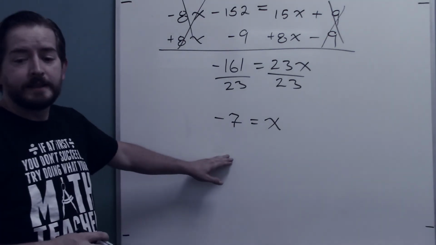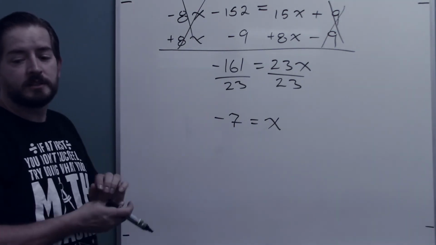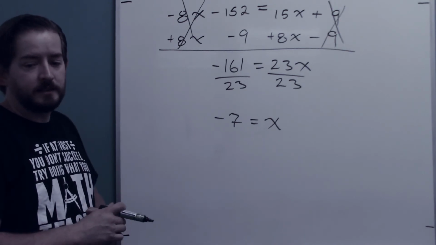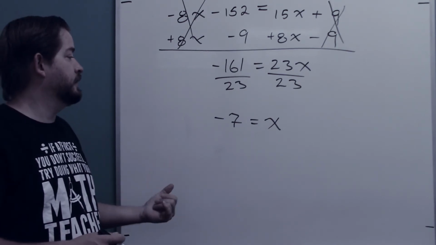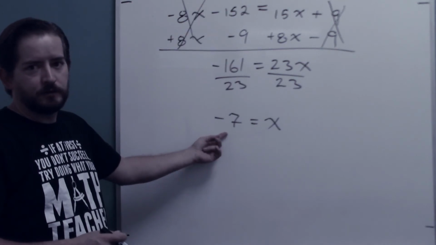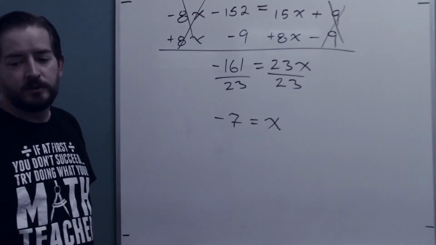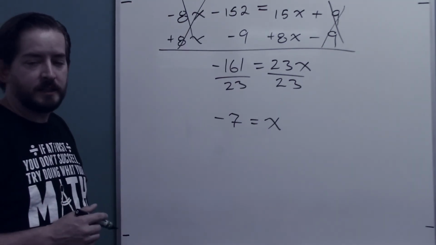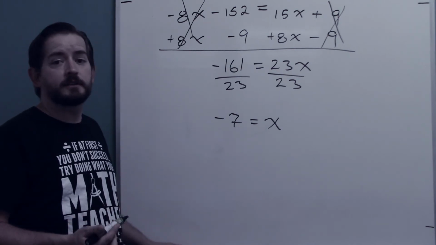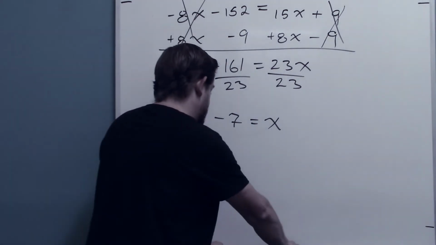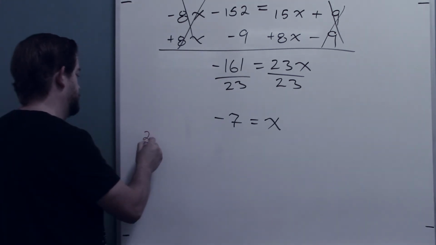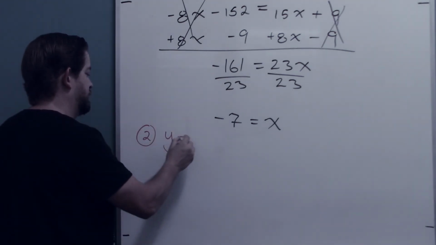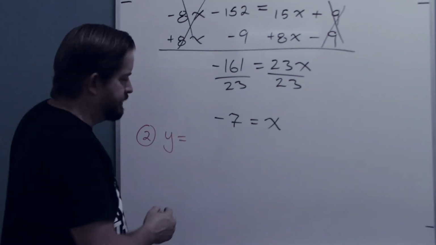Okay. Now I can take this and put it into one of the original equations. They're both terrible because one has a denominator of a 4, the other one has a denominator of a 3. Neither of those is going to cancel with a 7. So I'm going to choose the first equation because I don't like the way that 38 over 3 looks, right? So I'm going to plug this into the second equation. That is y equals negative 2/3.